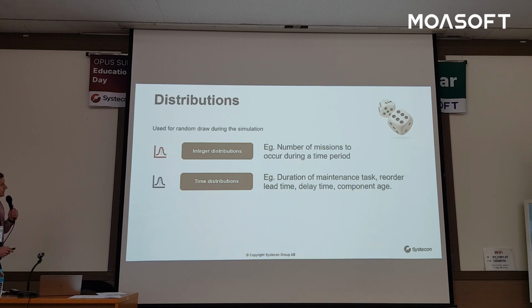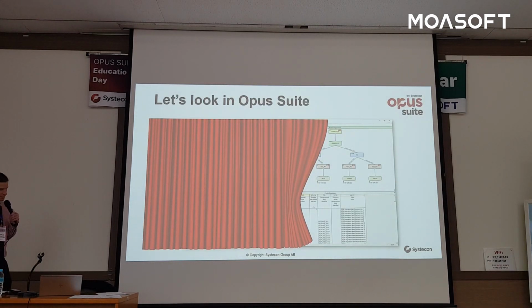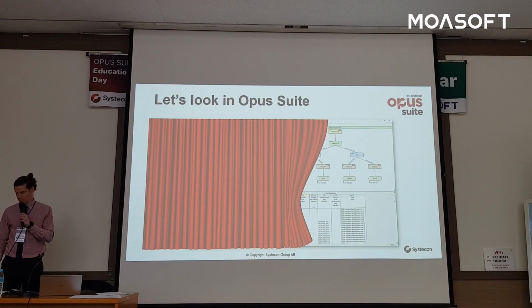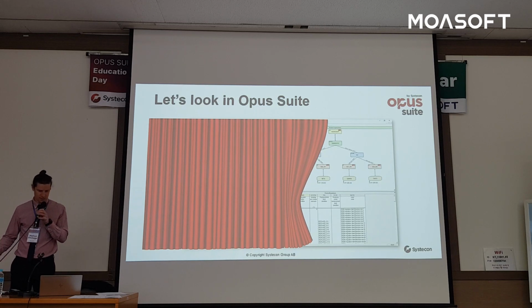We can have either integer distributions, so for example, the number of missions that occurs during a certain time period, but it can also be time distributions. Those are more continuous distributions, used for the length of a maintenance task, or as I said, the lead times or delay times and so on. Okay, let's take a look at some examples of this in OPUS Suite.